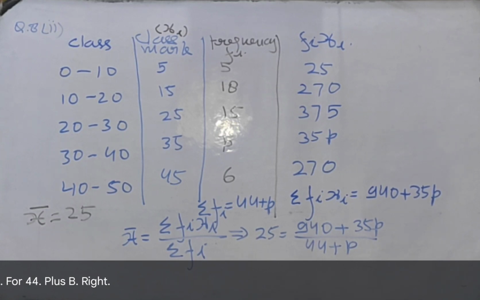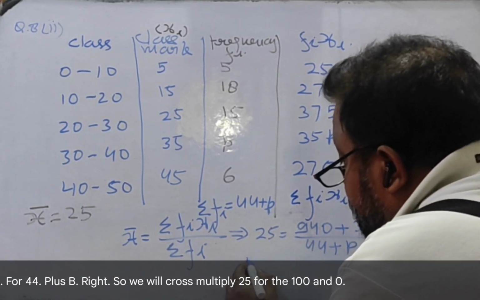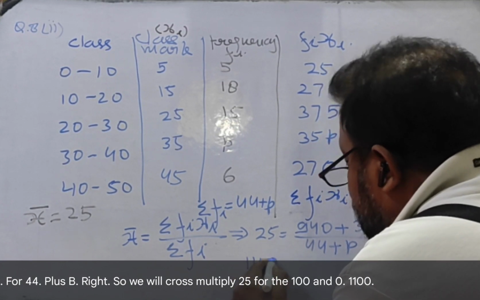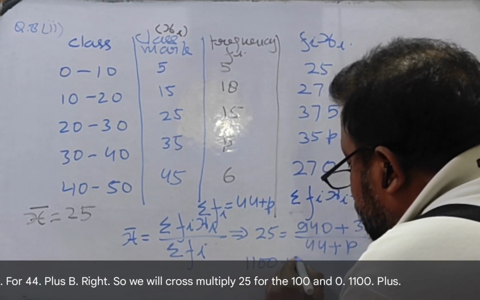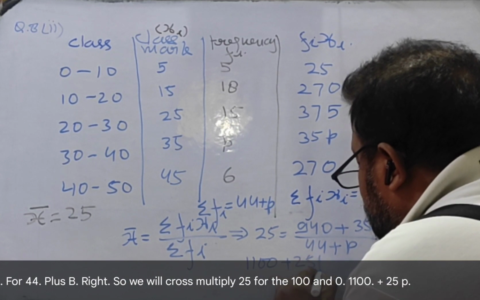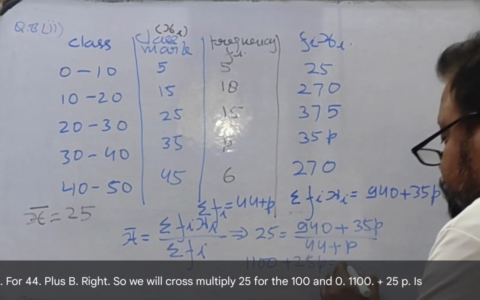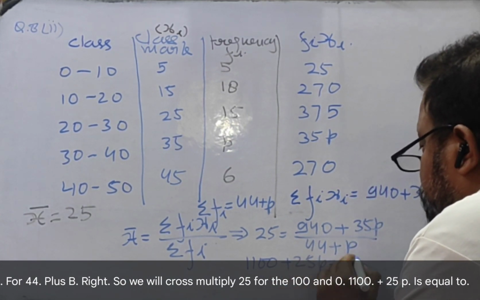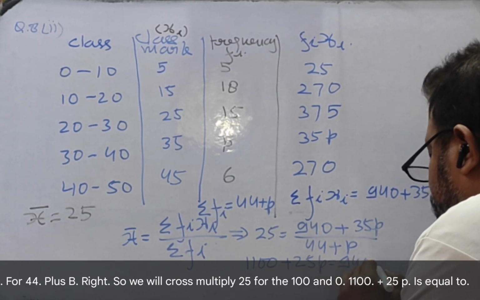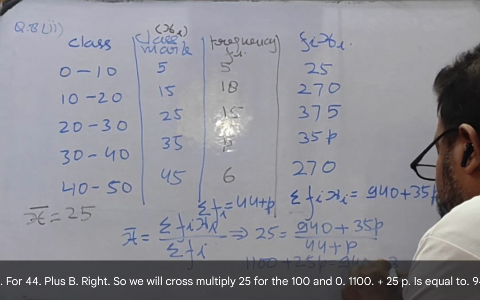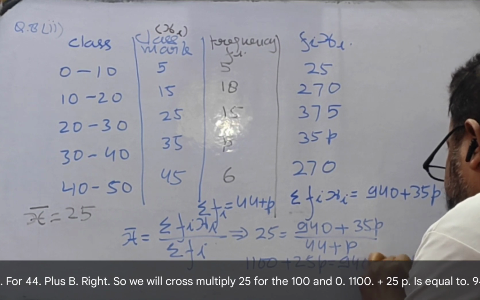So we will cross multiply: 25 times 44 is 1100, plus 25p is equal to 940 plus 35p, right?